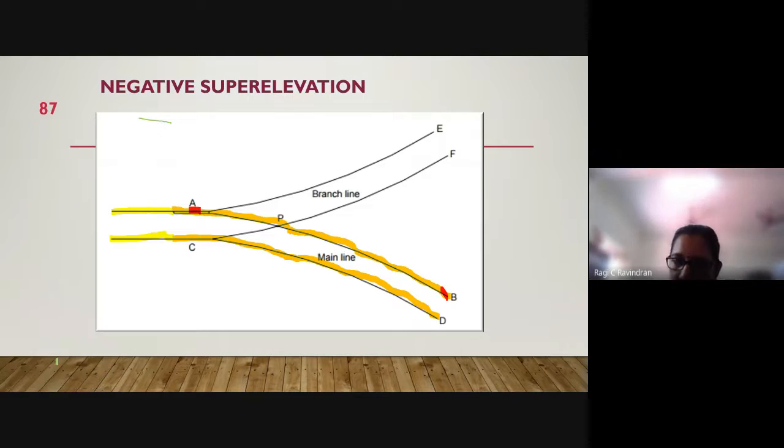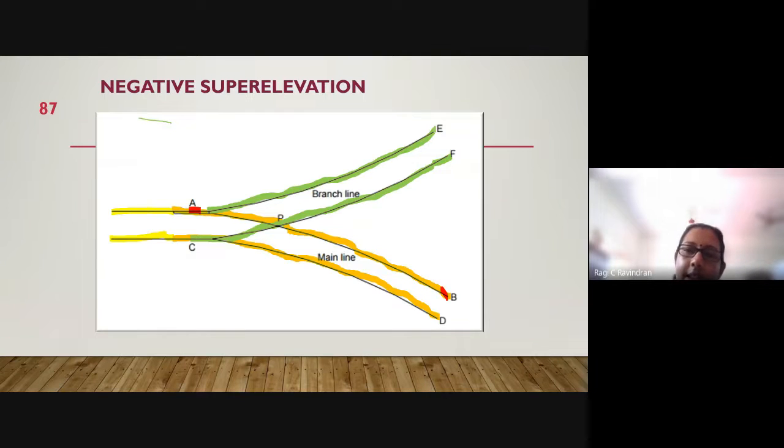Okay, now let's take the branch line. Okay, coming to the branch line, C to F is the outer rail. Okay, and from A to E is the inner rail. That means the curved track AE is the reference rail and CF is the elevated rail, right?